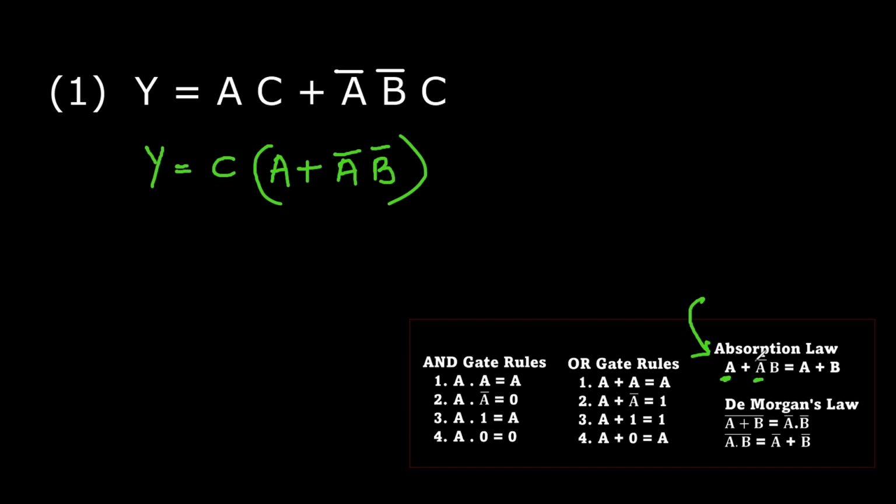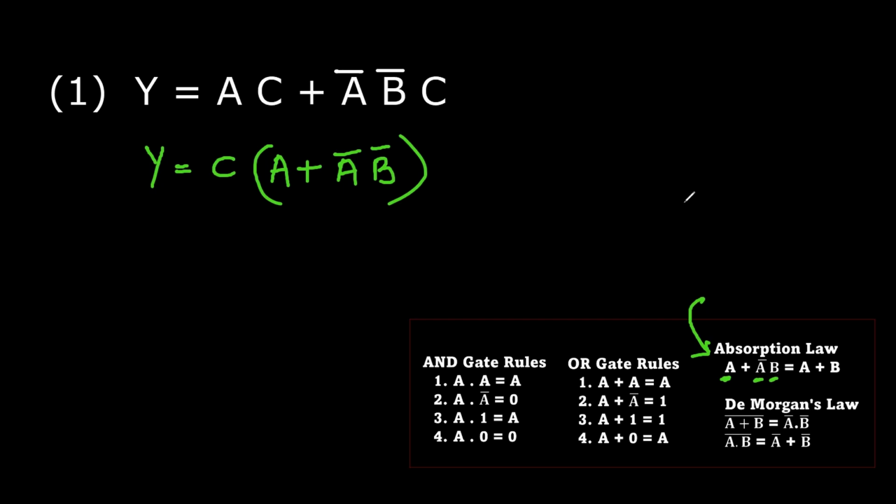If you have complements of each other and the complement has another term with an AND gate attached to it, you get the result of your original A, which was isolated, or the term that you were left with here.